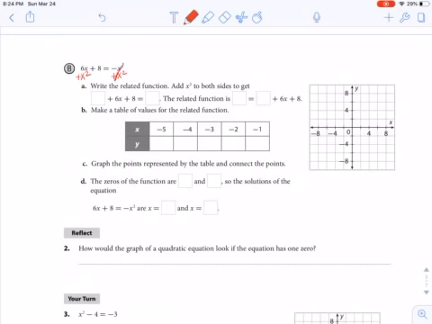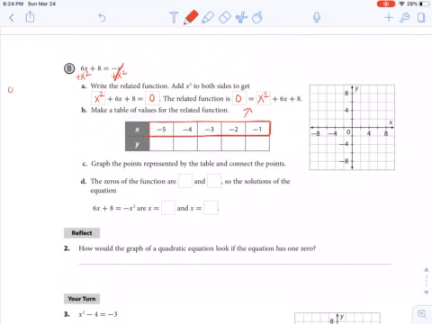And so that cancels, but I have x squared plus 6x plus 8 equals 0. The related function is 0 equals x squared plus 6x plus 8. And so if I plug in the values given for x, I'm going to plug those into this new equation.